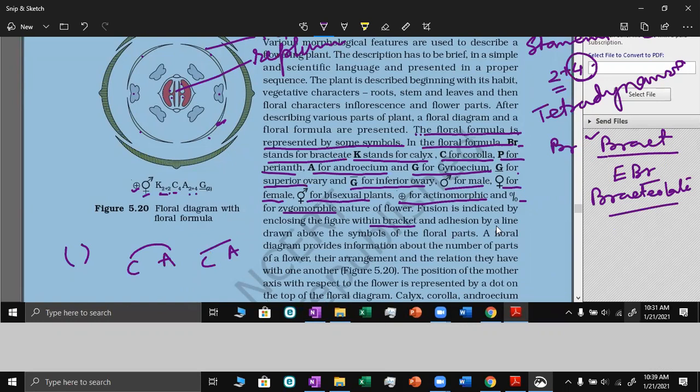Adhesion is attachment between two different whorls.